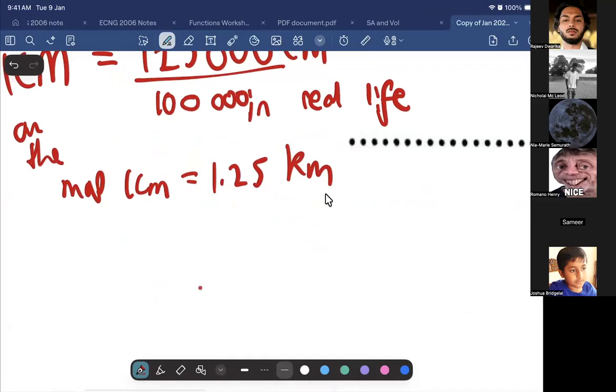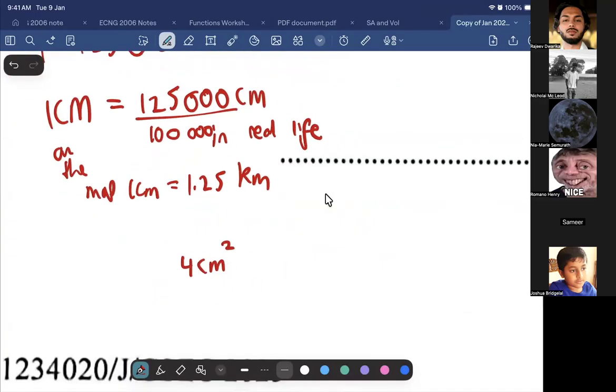If I ask you what an area of 4 centimeters squared would be in real life, how would you do that? Trying to catch you here. If it's centimeters squared, what does that mean? Centimeter multiplied by centimeter. So you should find 1 centimeter squared first, which is 1 centimeter by 1 centimeter.